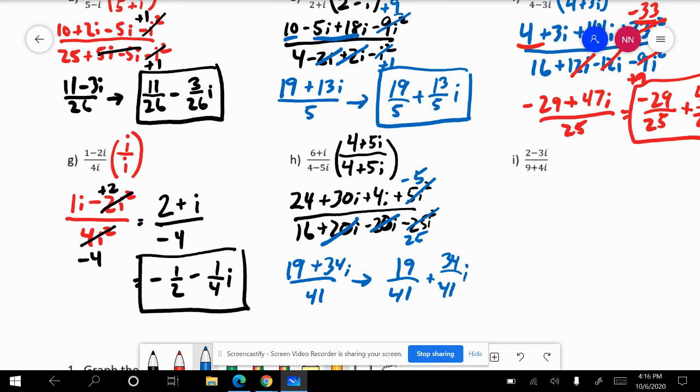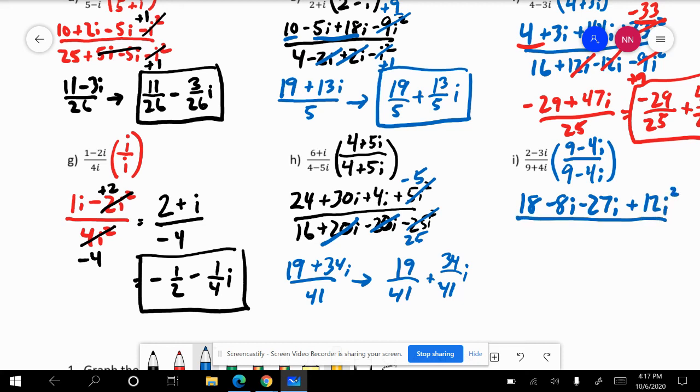Our last one, we're going to look at our denominator. We're going to figure out that our conjugate is 9 minus 4i. We multiply that on the top and the bottom. So the top is 18 and negative 8i, negative 27i, and we have positive 12i squared.